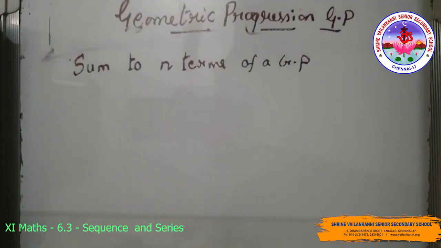So you learned the general term of a GP, which is AN equal to A R to the power of n minus 1, and the geometric series, which is the summation of the terms.